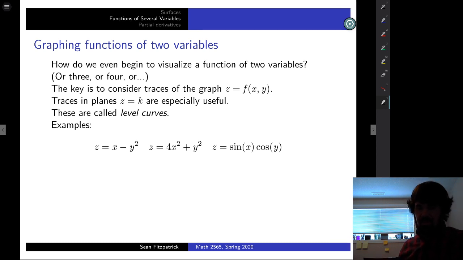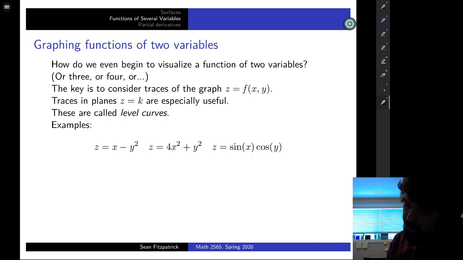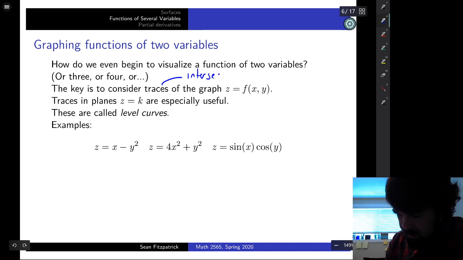Okay. So then we can get into things like, how do you graph functions of two variables, right? Visualizing is kind of tricky. One of the things that you typically do is you look at these traces. Remember that the way you get traces is you intersect with planes, and the best ones to do are, see what happens when you put x equal to 0 and look at the yz plane.